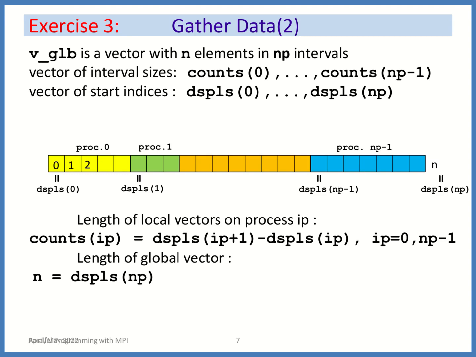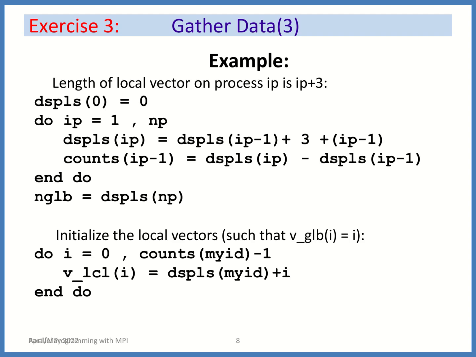And in the example which we will treat, we have the following picture. We will have local vectors of length IP plus 3, so they have different lengths. The displacement on process 0 is 0, and the displacement on the next process will be the displacement in the process on the left plus 3 plus IP minus 1.